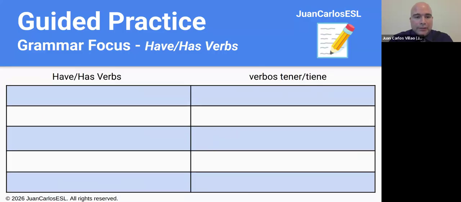Now let's take a look at has. So we talked about has is used when the subject is third person. Has se utiliza cuando el sujeto es tercera persona y singular. So he has a backpack. Él tiene una mochila.